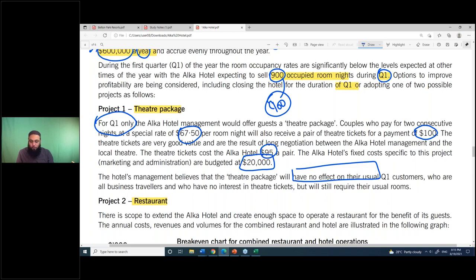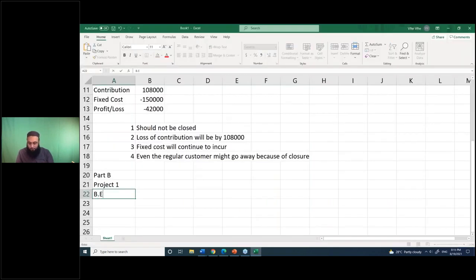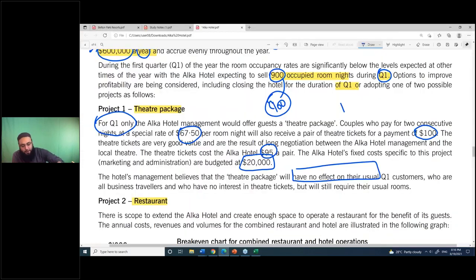So for break-even sales, I need fixed cost divided by CS ratio. The formula of break-even sales is fixed cost divided by CS ratio.